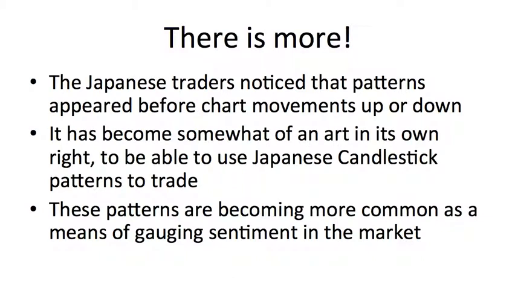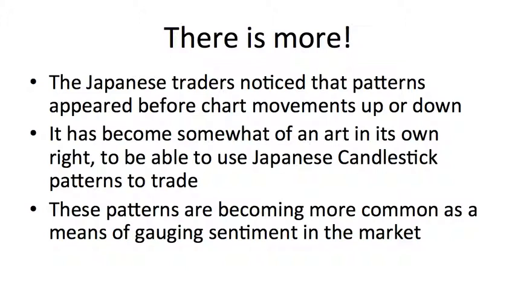So please understand that with Japanese candlesticks, it really is much more than just the data that's being shown. One of the great things with Japanese candlesticks, because it's been going for so long, and it's become somewhat of an art in its own right, is that the Japanese, over many years, started to notice that there were certain price patterns, candles in groups, that would signify certain price moves.